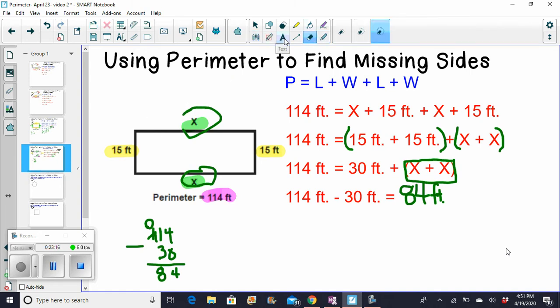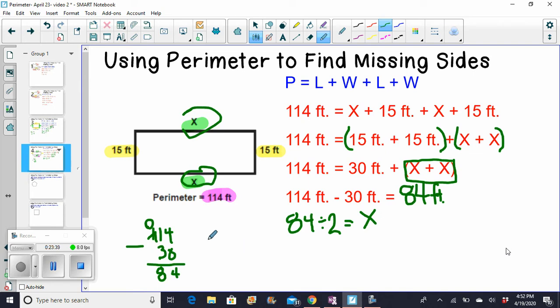All right, so if I'm going to split it evenly, that means my best bet is going to be to do some dividing. So I'm going to think of this as 84 divided by 2, that's going to get me to my single x. 84 divided by 2 equals x. Go off to the side and do a little bit of division work.